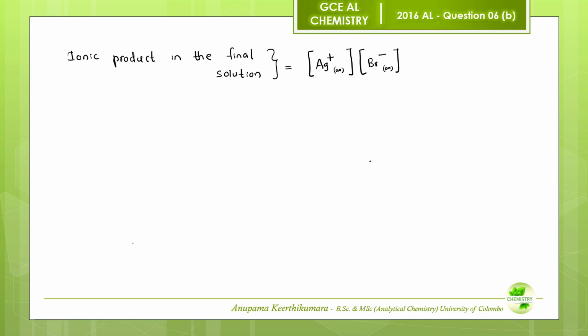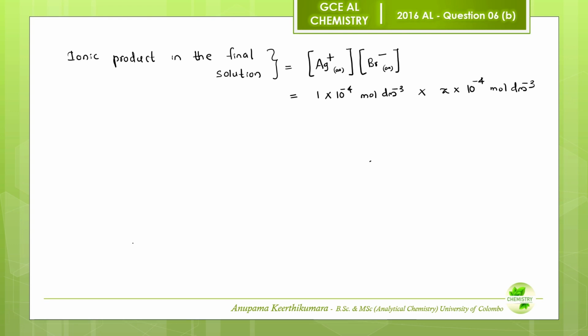Ionic product in the final solution can be calculated using the concentration of Ag+ ions and Br- ions in the final mixture. Concentration of Ag+ ion is 1 times 10^-4 moles per cubic decimeter, times concentration of Br- in the diluted mixture, 2 times 10^-4 moles per cubic decimeter.